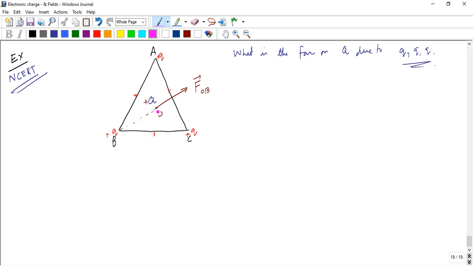So capital Q experiences a force due to the point charge at A, F of OA, in the opposite direction. Similarly here, at C, capital Q experiences a force due to the small charge plus q at point C. That is F of OC.